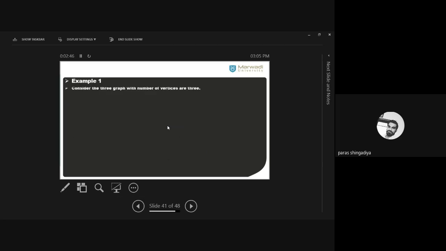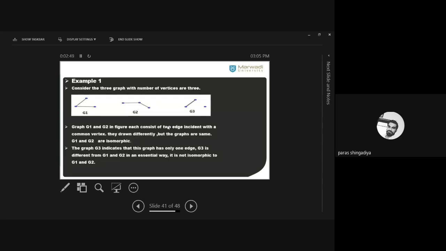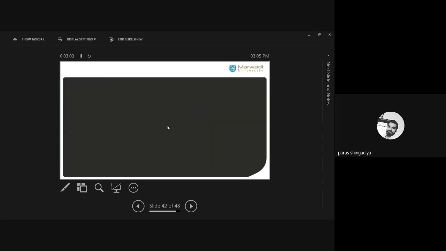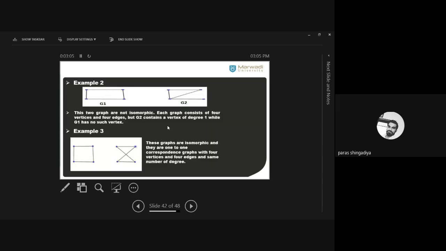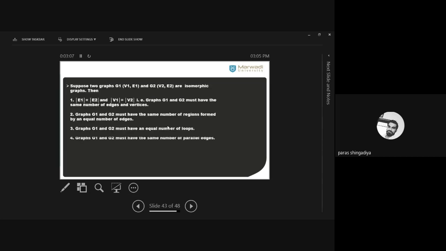Then we discussed an example where we compared two graphs G1 and G2. They are isomorphic because there is a one-to-one correspondence, whereas G1 and G3, and G2 and G3, are not isomorphic because there is no one-to-one correspondence. Then we discussed these properties, which we can use at the initial stage to decide whether graphs are isomorphic.